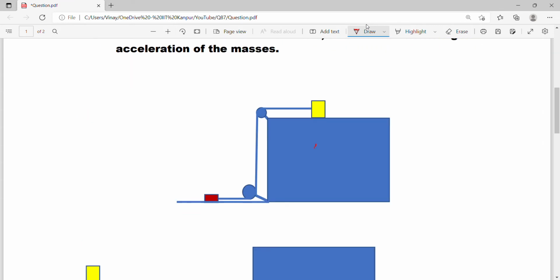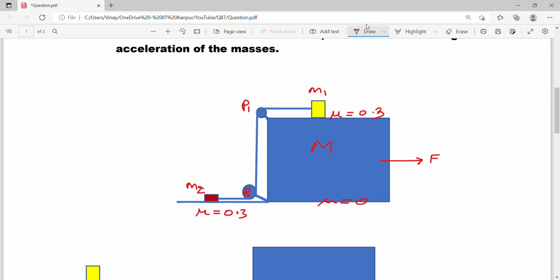This is capital M, this is m1 and this is m2, and these are pulleys P1 and P2. And there is a horizontal force acting on it, capital F. Now there is no friction here.